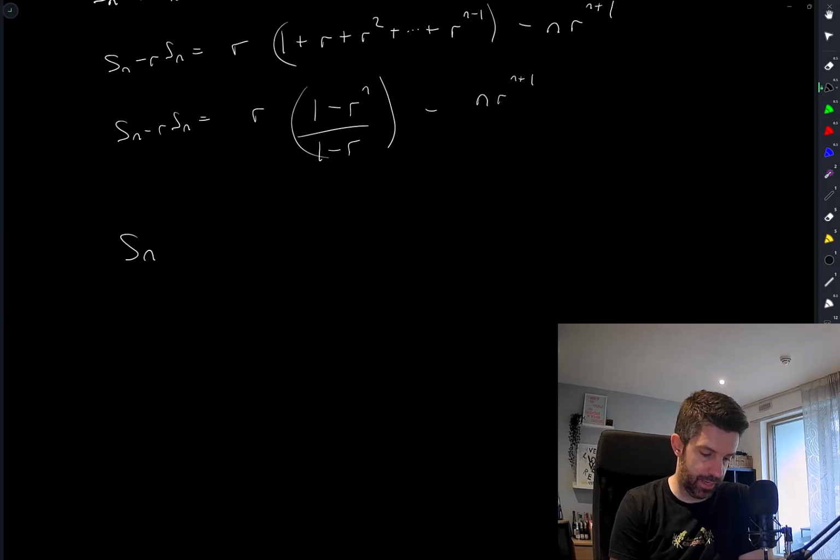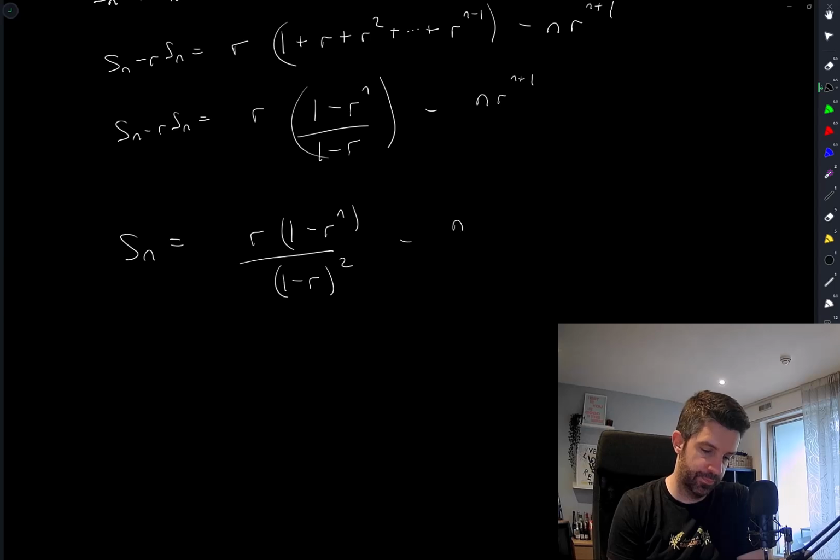Okay, so Sn is all this divided by 1 minus r. And so S infinity is r over 1 minus r squared.